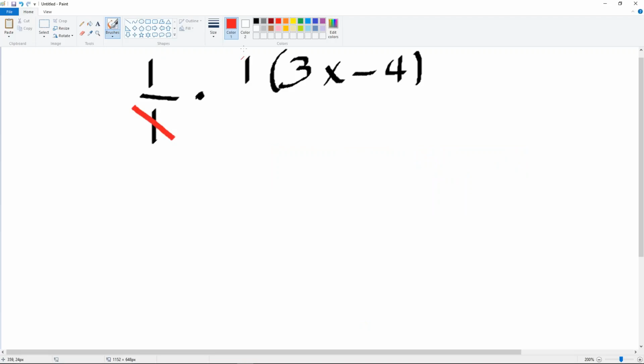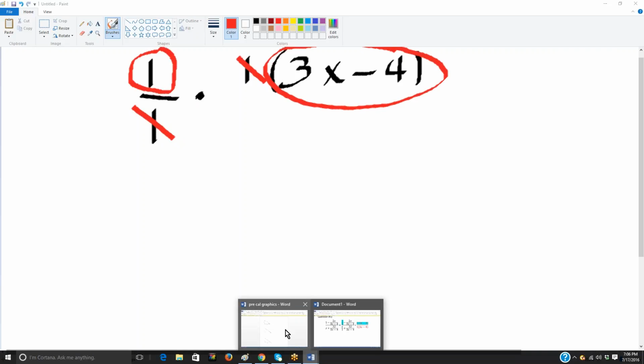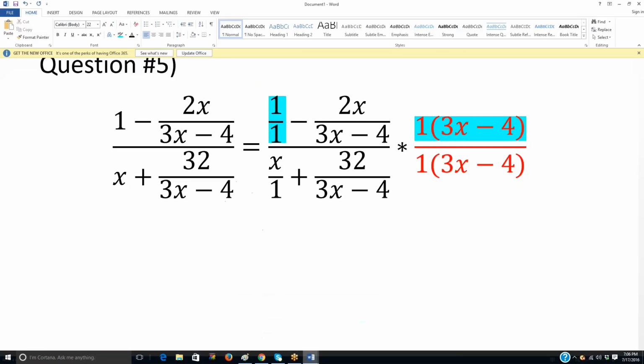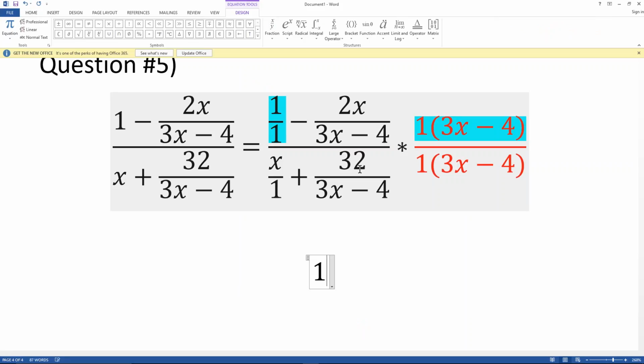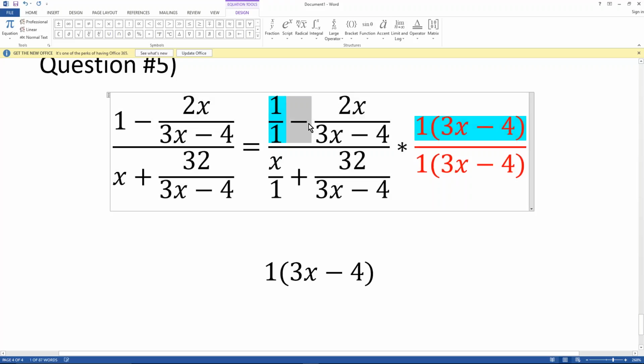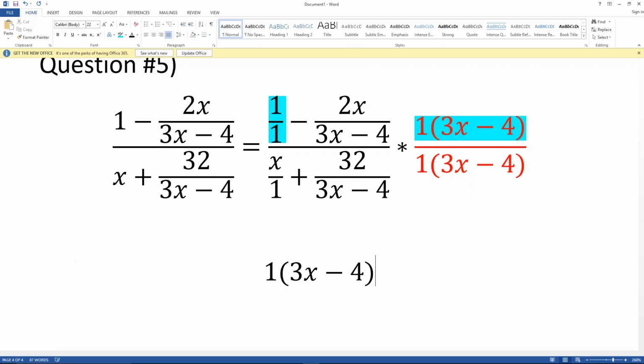The ones cancel, leaving you with 3x minus 4 times 1. So we're left with 1 times 3x minus 4. What sign is this right here? Minus.